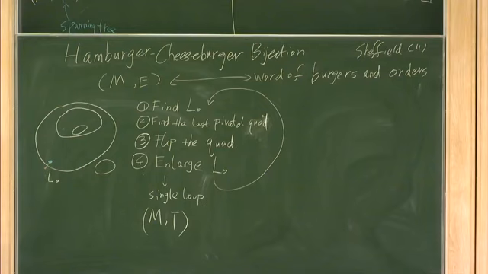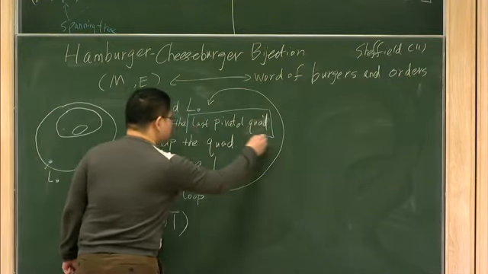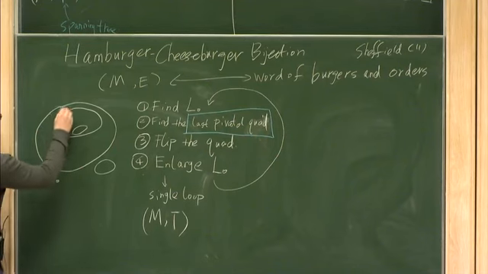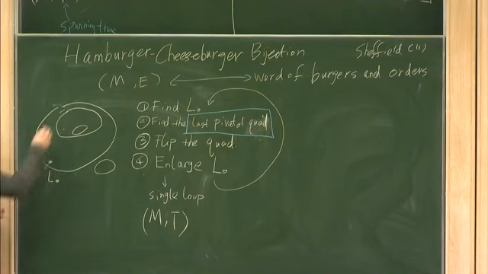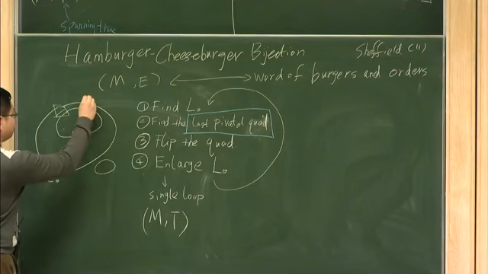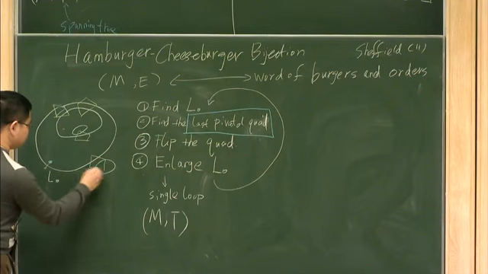And then what you do is you find the last pivotal quad. For example, in this case, maybe you have a pivotal edge here, and you have a pivotal edge here, here, and here.